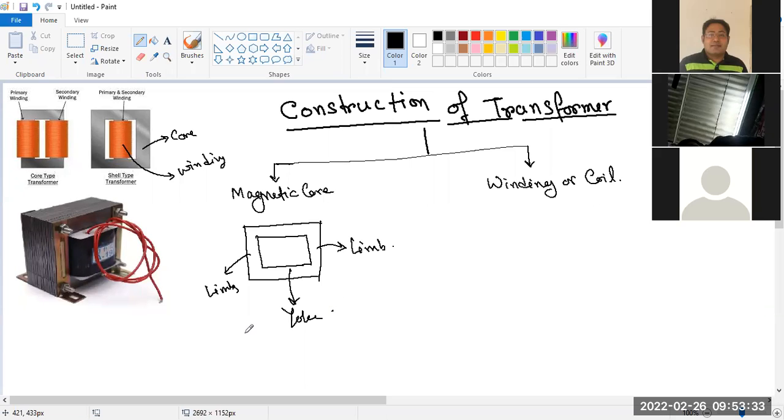And what is the purpose of this magnetic core? The purpose of the magnetic core is to provide a magnetic path, a magnetic circuit.